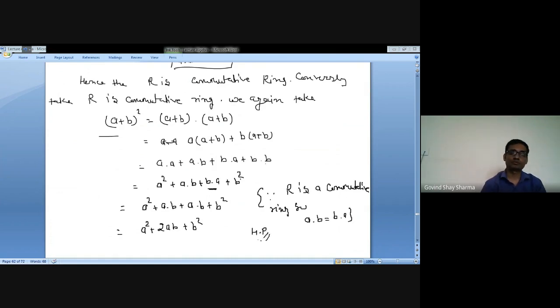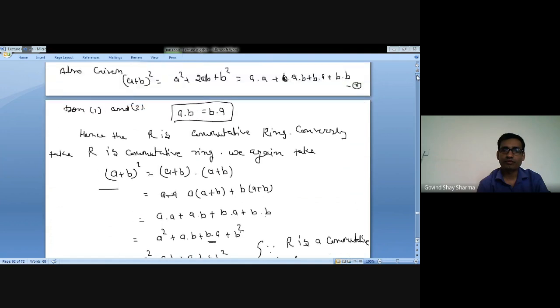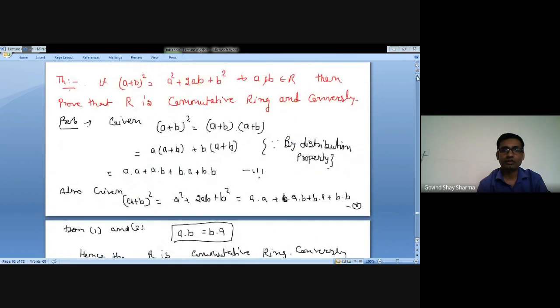Let's see again. I explain the theorem again. Let given that (a plus b) whole square is this, then we have to show that R is a commutative ring. For commutative ring, we have to show a dot b is equal to b dot a.